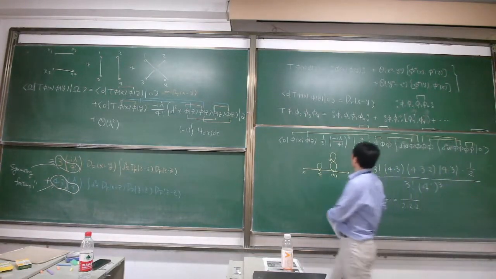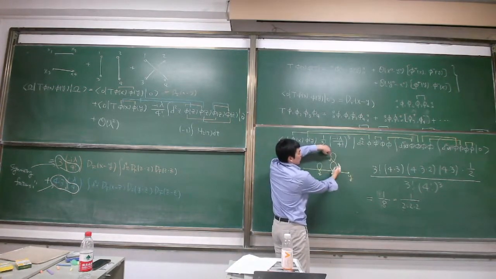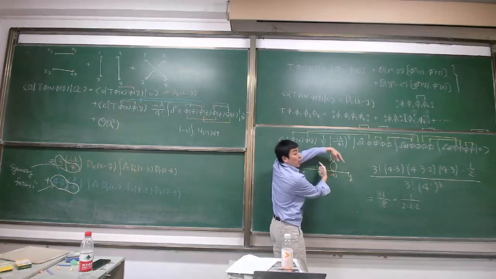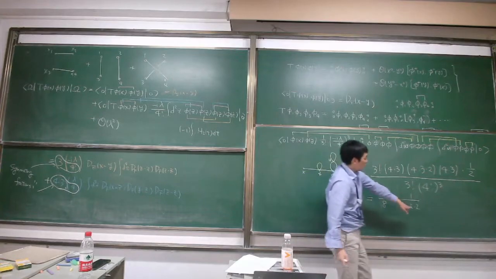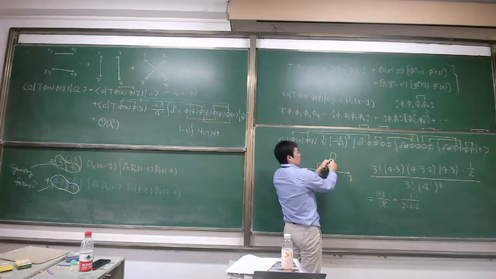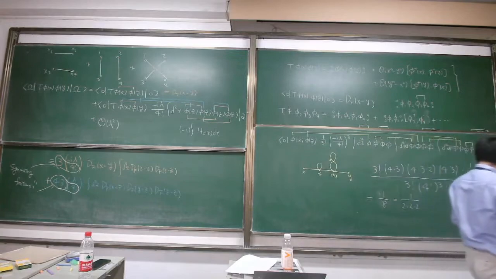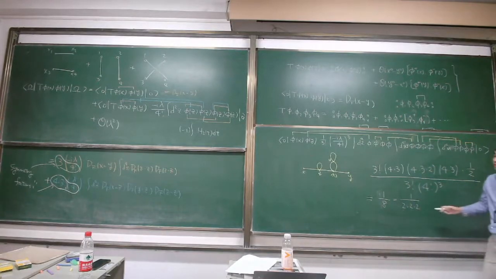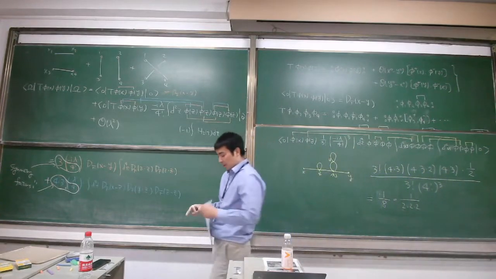So there is a line from W to U and W to U, 2 lines, but even if you swap them, the diagram doesn't change. So the other 2 really comes from swapping the 2 lines from W to U in the exchange of the W and U. So that's how the symmetry factor can be understood, even though it's super complicated. But this symmetry factor can be understood as some symmetry of the diagram.